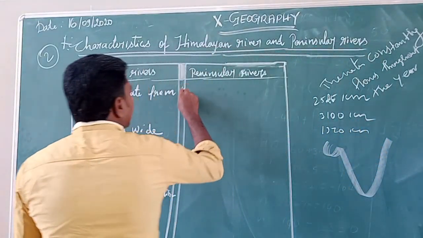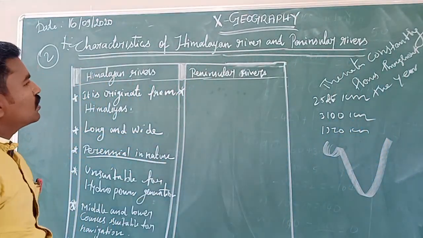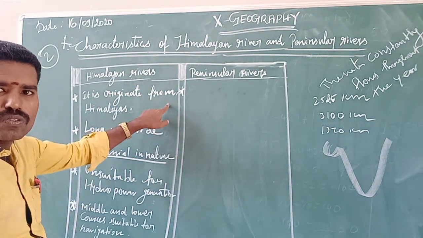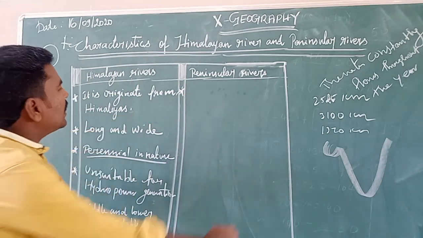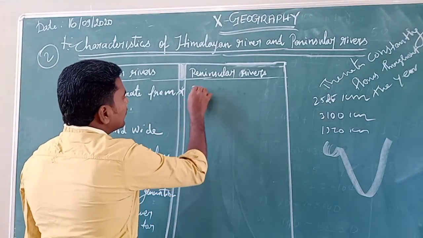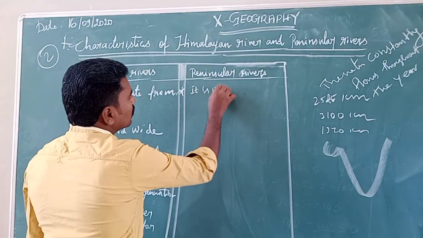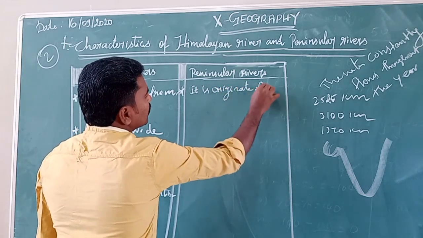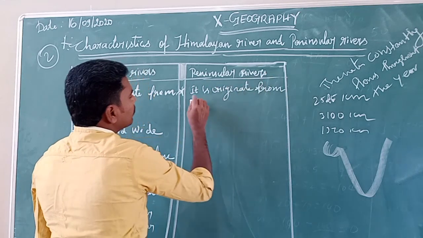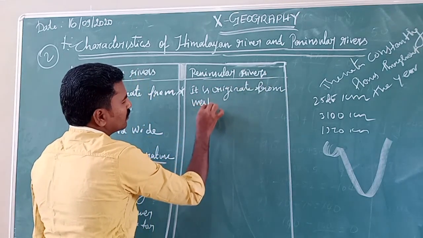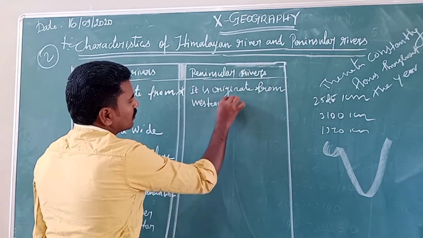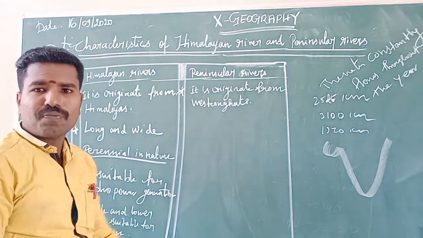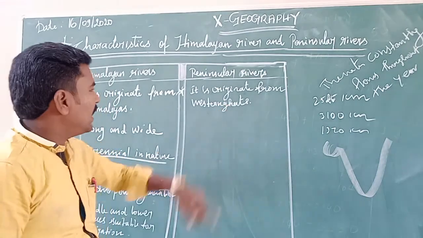Here, the first point for the peninsular rivers: Himalayan rivers originate from the Himalaya, and these originate from the Western Ghats.